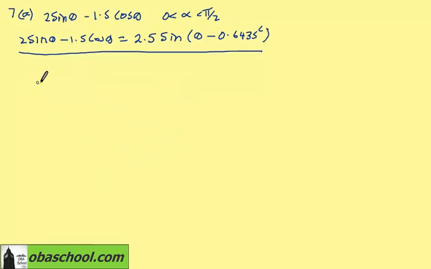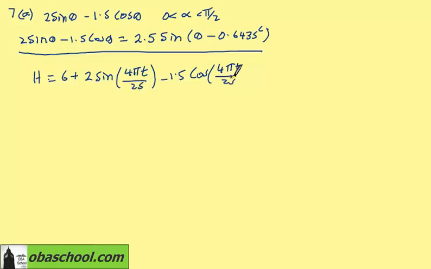Now we're told that the height of seawater on a particular day at a particular location is modelled by h equals 6 plus 2 sine 4 pi t over 25, take away 1.5 cos 4 pi t over 25 for t between 0 and 12.